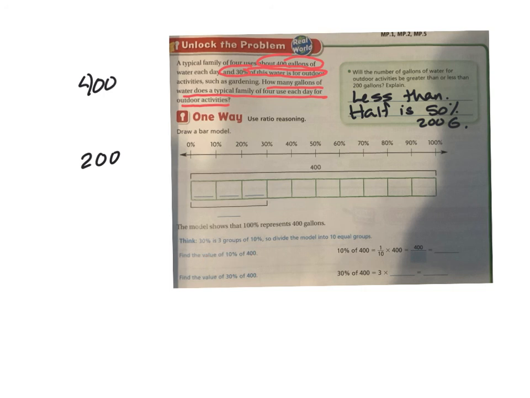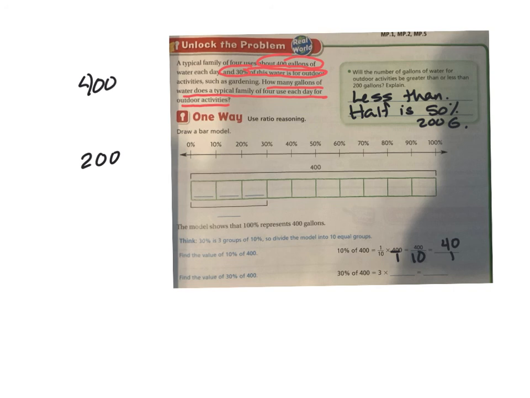of 400. Remember, we need 30%, but we're going to do it 1/10 at a time. So 10%, or 1 out of 10 once you reduce it, of 400 is going to be 1 times 400 over 10 times 1 because we changed that to a fraction. So that will be 400 over 10. And then we reduce that down because 10 divides evenly into both of those numbers. That would leave us with 40 over 1.